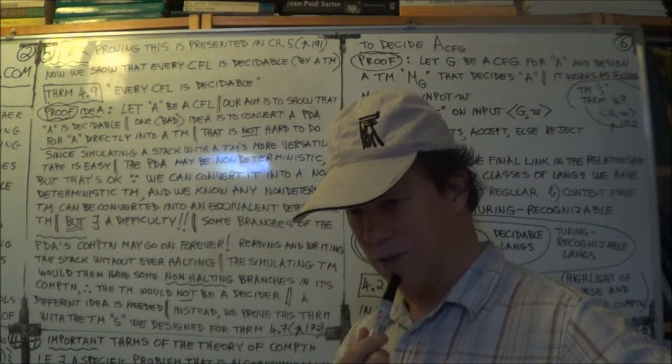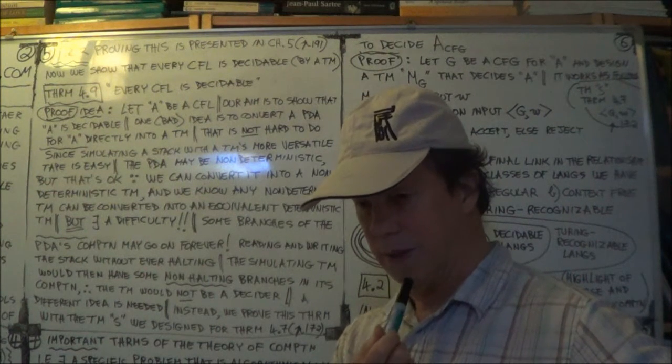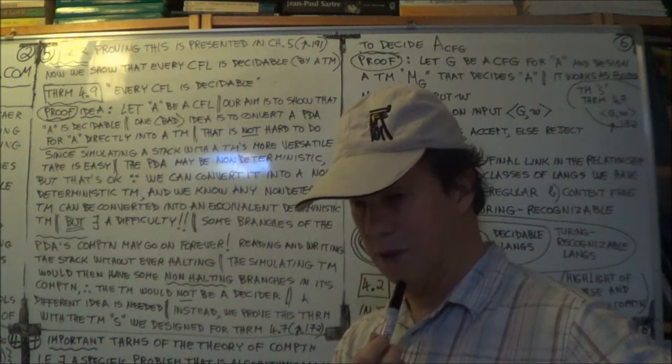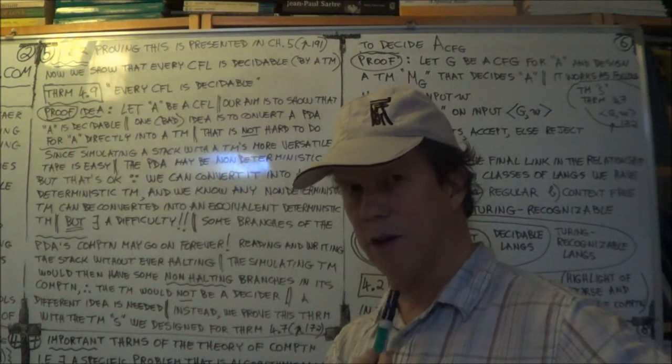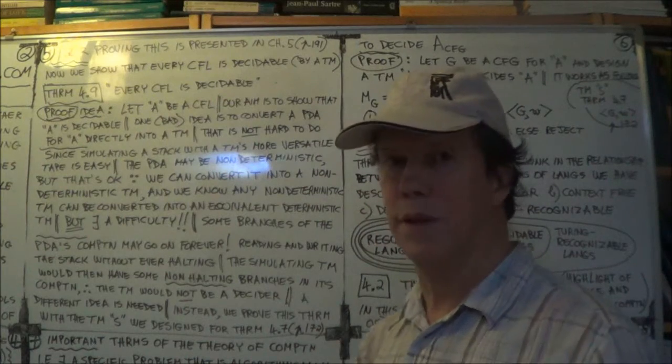It makes a decision, yes or no, whether a particular element that's in the language can be generated by the grammar. That's what you're trying to find. All right, that's the suggestion.